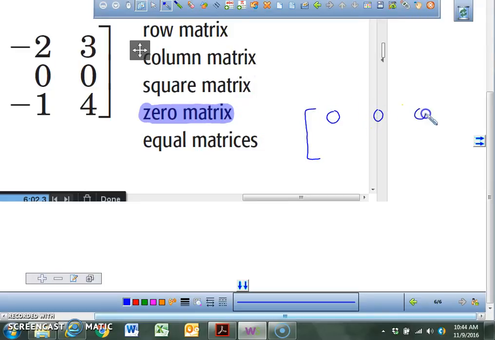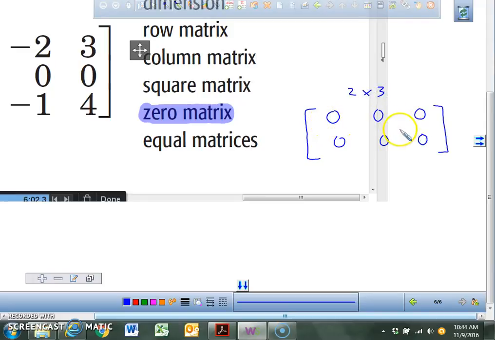If you see a matrix that's a 2 row by 3 column, this is a 2 by 3, but all you see is a whole bunch of nothing, that's referred to as a zero matrix. So there's not just one zero matrix, there's an infinite number of zero matrices. But all the elements, by the way, that's an element, all the elements are 0.